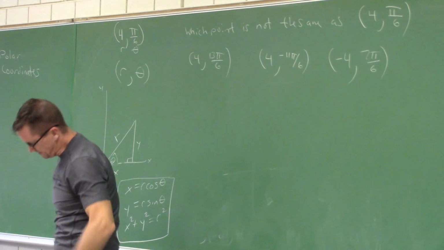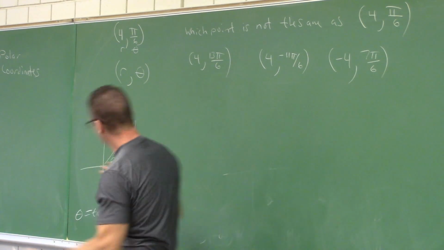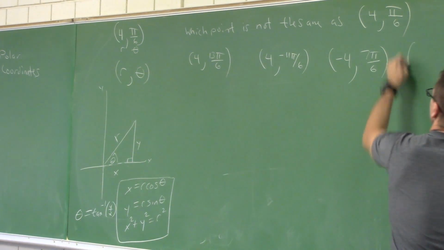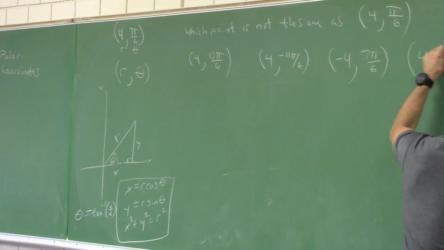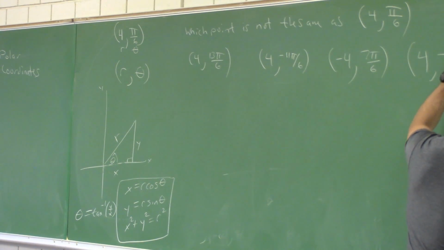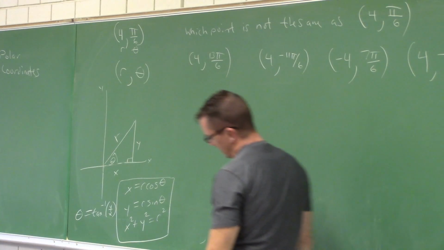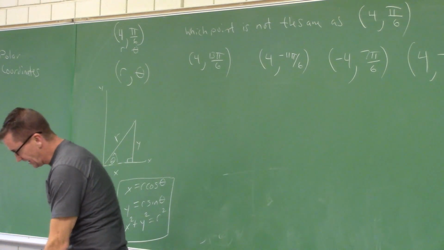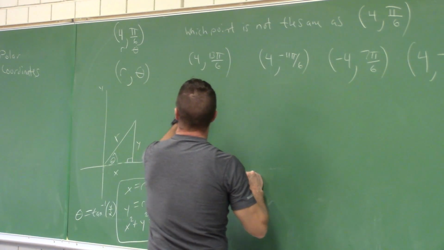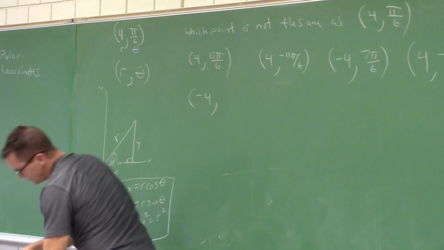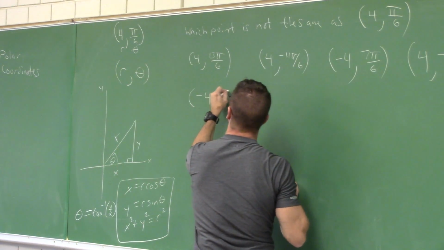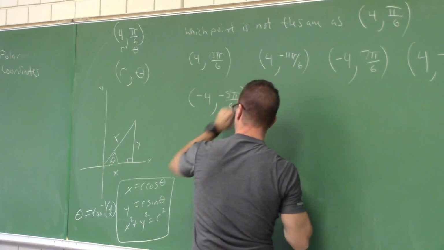Get 4, negative 7 pi over 6. Okay. And I actually came up with another thing. Negative 4, negative 5 pi over 6. Take your time on this though.